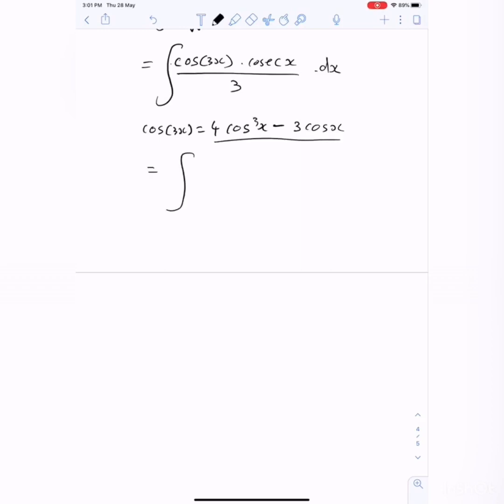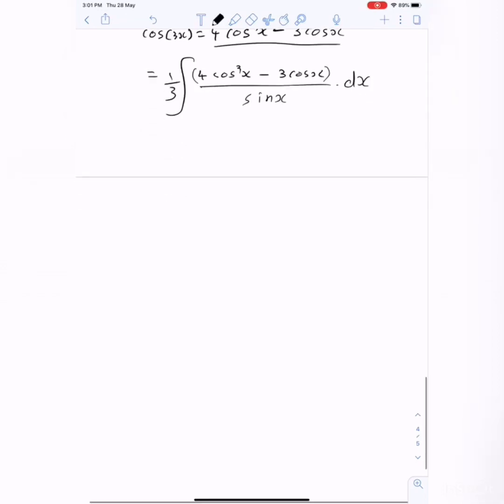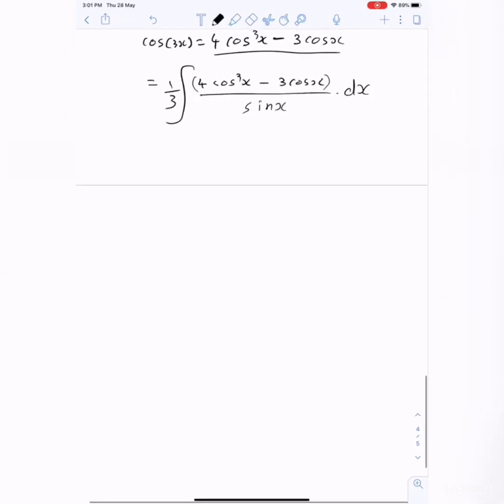This would be the integral of, let me take 1 by 3 outside, 4 cos cube x minus 3 cos x times cosecant x. Our cosecant x would be 1 over sin x, so let me write it as 1 over sin x dx. So now we have to solve this integral.